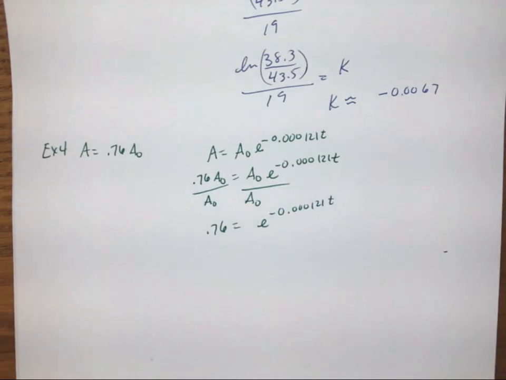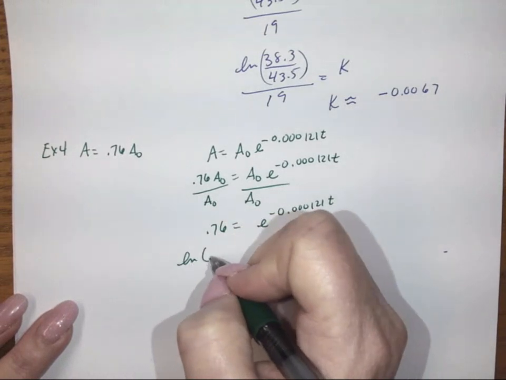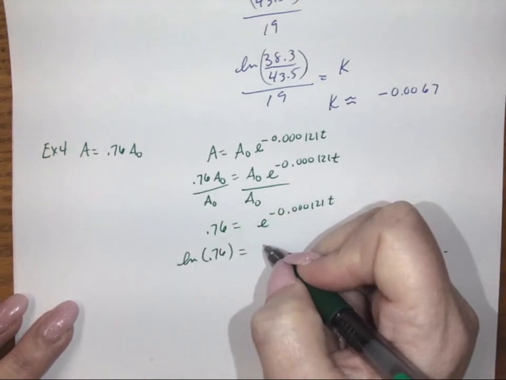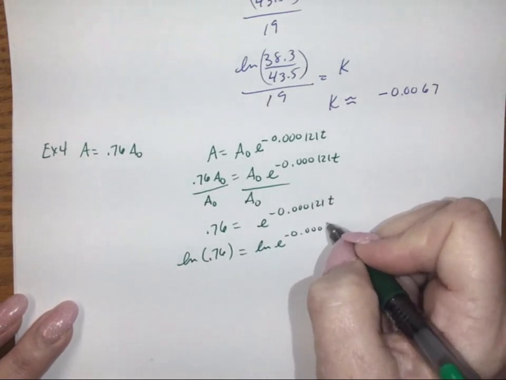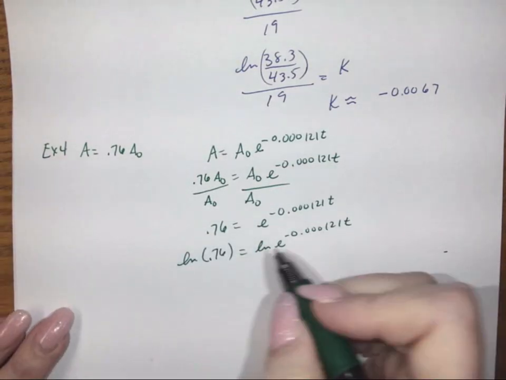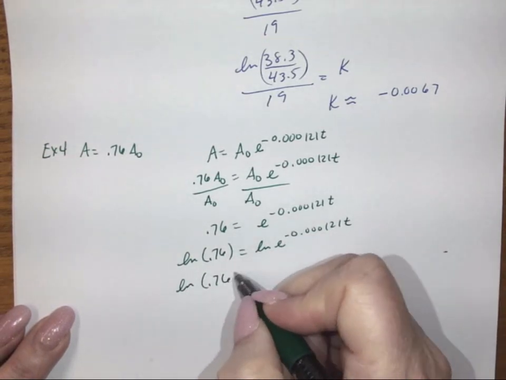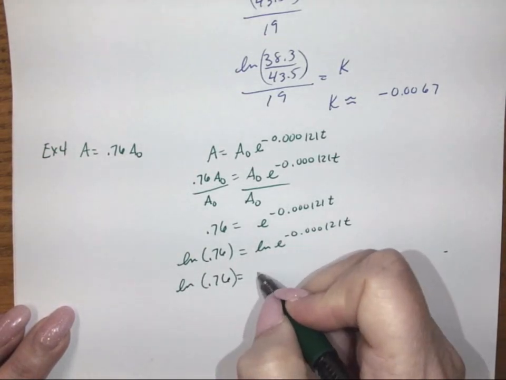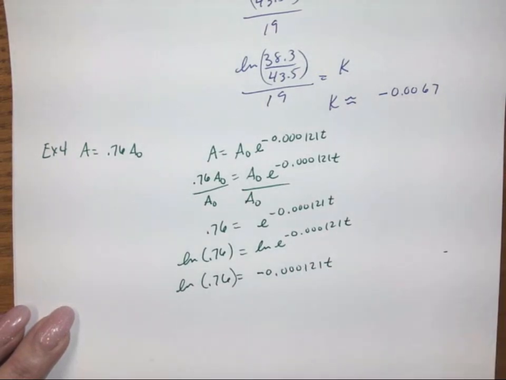Now we can take the ln of both sides and get the ln of 0.76 is equal to the ln of e to the negative 0.000121t. And the ln and e undo each other again, we end up with just the exponent. So the ln of 0.76 is equal to the exponent of negative 0.000121t.